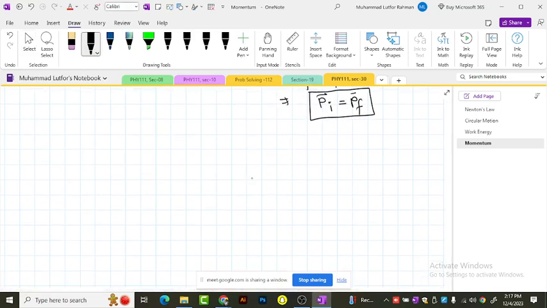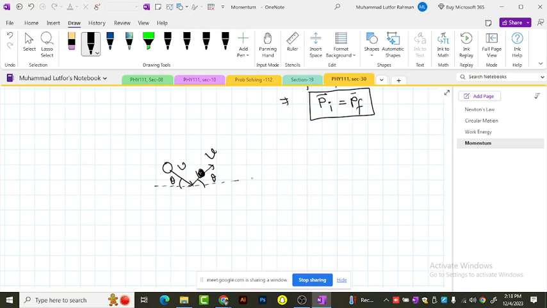Alright, let's say I have a ball which I throw towards the wall, and before it strikes the wall, it has velocity v, and that velocity strikes the wall making an angle theta, and the ball leaves the surface with the same velocity v, making an angle also theta.